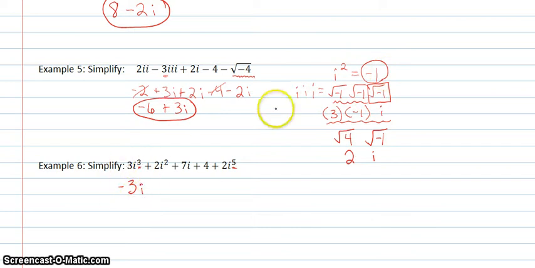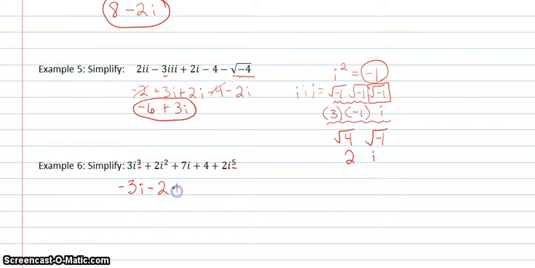So that'll change the sign, because 3 times the -1 is -3, and then we are left with that i, or the square root of -1. Okay, now the i squared is the same as a -1, so that's going to change the sign of the 2, so it'll be minus 2.